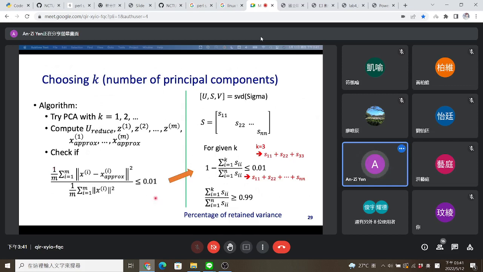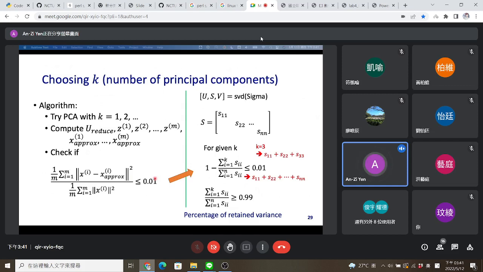If so, this is a good choice, and we will choose k equals 1 as our final target. But if the value isn't lower than 0.01, then we will try k equals 2, and again go through this process and check if the value is less than 0.01.